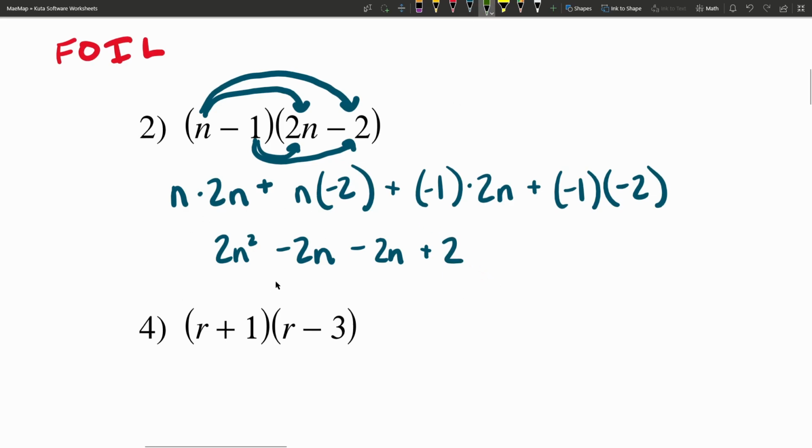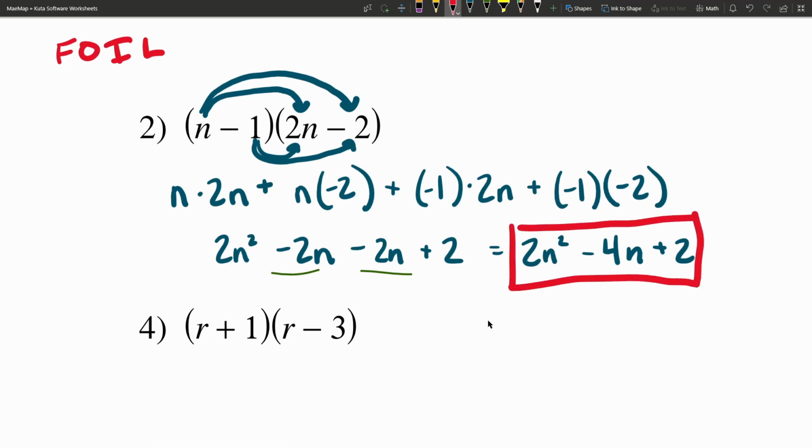Now we can simplify this down by combining our n to the firsts. So we're going to combine negative 2n and negative 2n to give me 2n squared minus 4n plus 2. And there we have it. That's our solution for number 2. Let's move on, continuing this technique, to number 3.